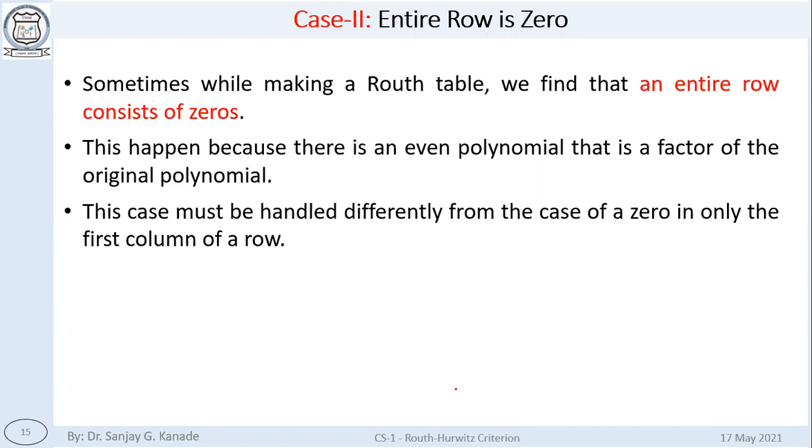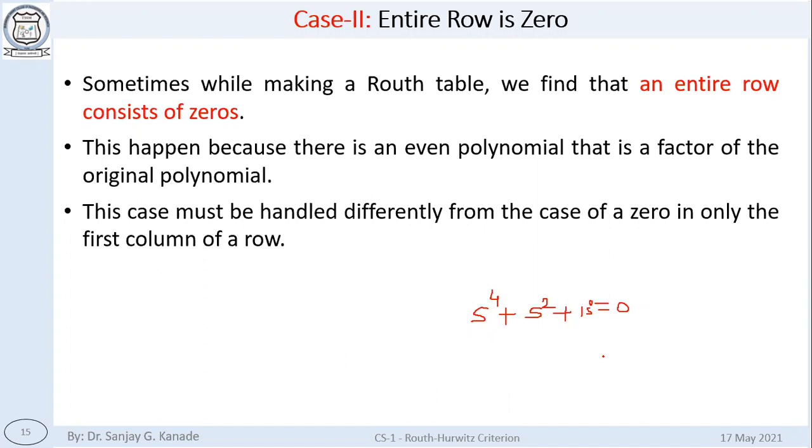What is an even polynomial? Even polynomial means where the powers are even, something like this. This is just an example. The powers of s are 4, 2, 0, right? Here it is s raised to 0. 4, 2, 0.